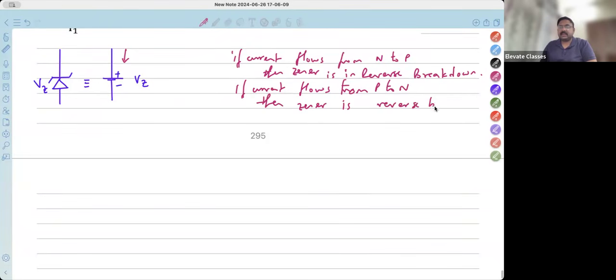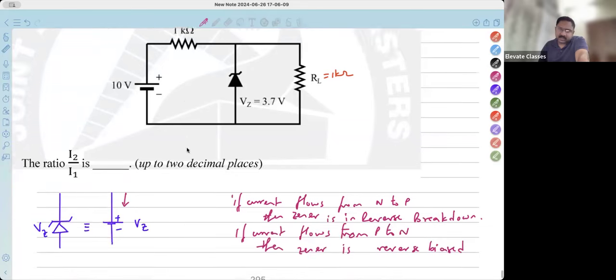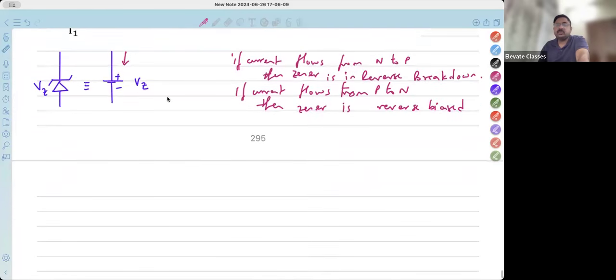I think this is where many students make a mistake: अगर Zener reverse breakdown में नहीं है, तो Zener forward bias नहीं है. Zener will always be connected such that positive is connected to N type, negative to P type. So the Zener is always either reverse biased or in reverse breakdown. ये मत भूलना.